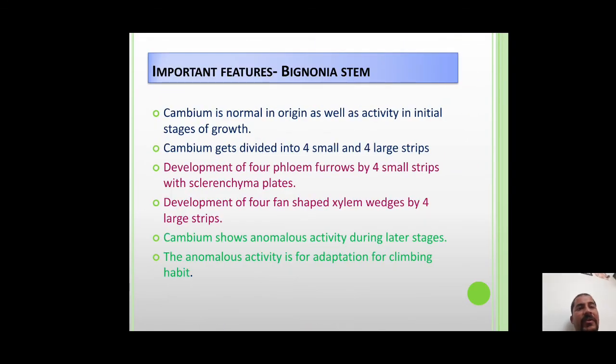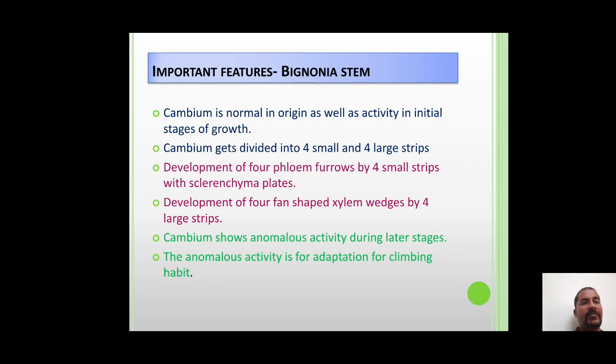So, important features of the Bignonia stem. The cambium is normal in its origin as well as activity in the initial stages of growth. That means in the initial stages, both the origin of the cambium and its activity are normal. This cambium gets divided into 4 small and 4 large strips.